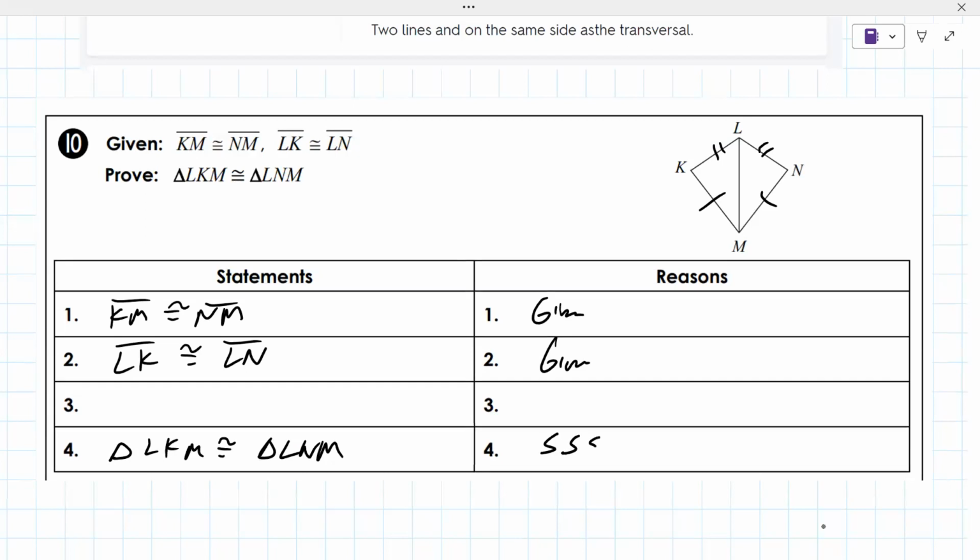Let's say that that is SSS. What is the other side in these triangles that we can say is congruent? The shared side. The shared side is L to M.